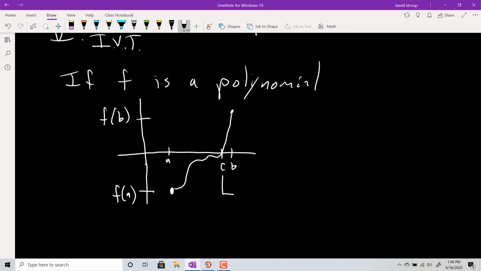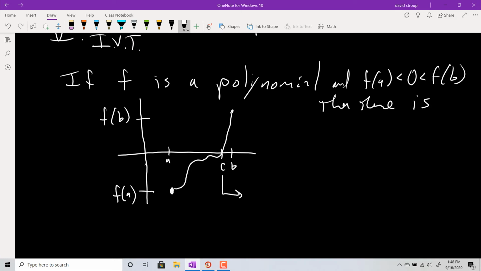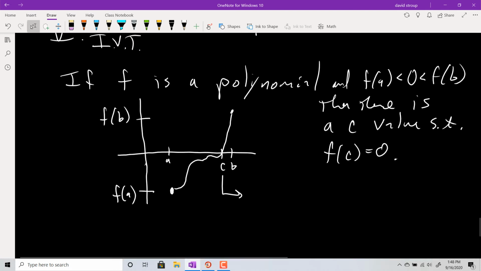And that place where it goes through the x-axis will be a zero. So if f is a polynomial and f of A is less than 0, which is less than f of B, then there is a C value such that f of C is equal to 0. That's basically what it's saying.